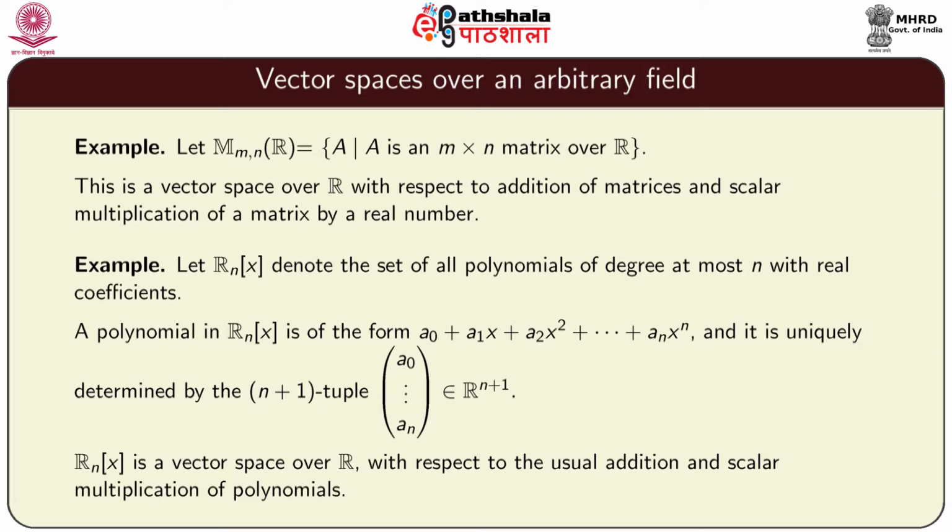The addition is nothing but the addition of matrices, the usual one, and the scalar multiplication is the scalar multiplication of a matrix by a real number, let us say lambda. And how do we do that? We just multiply each entry of the matrix by the real number lambda. With respect to these two operations, it is an easy exercise to check that M_{m,n}(R) is a vector space over the field of real numbers.